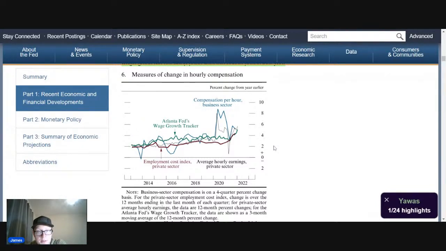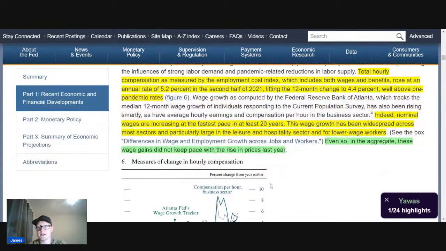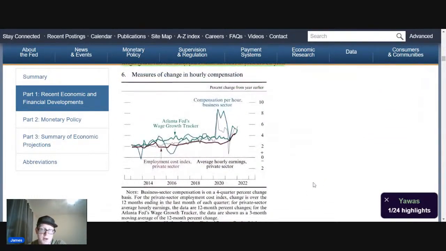General trend up, but keep in mind this is nominal, just because the actual number of your wage goes up doesn't really say anything about your purchasing power, which we get into here. Wow, what a surprise. Even so, in the aggregate, these wage gains do not keep pace with the rise in prices last year.